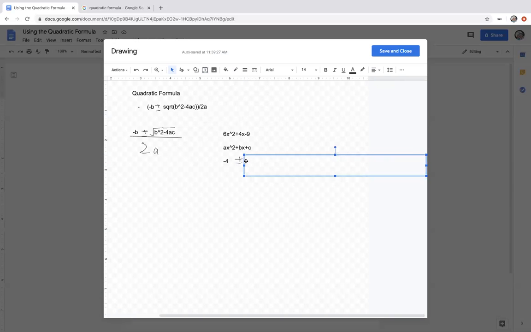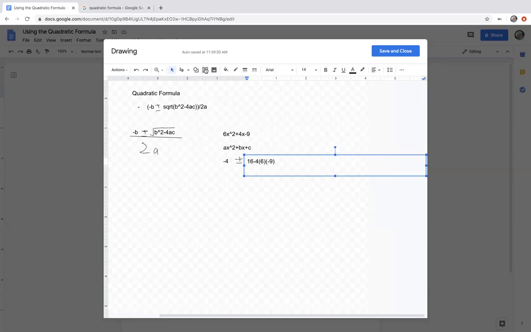Plus or minus the square root of b squared. b is 4, so 4 squared, 16, minus 4a, where a is 6, times c, which is negative 9.